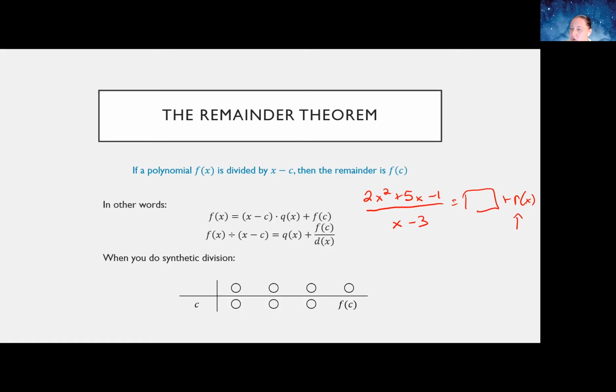That remainder is usually a number, and that is the same thing as if you plugged in 3 into your function. So if you did 2 times 3 squared plus 5 times 3 minus 1, that is going to be what your remainder is equal to.